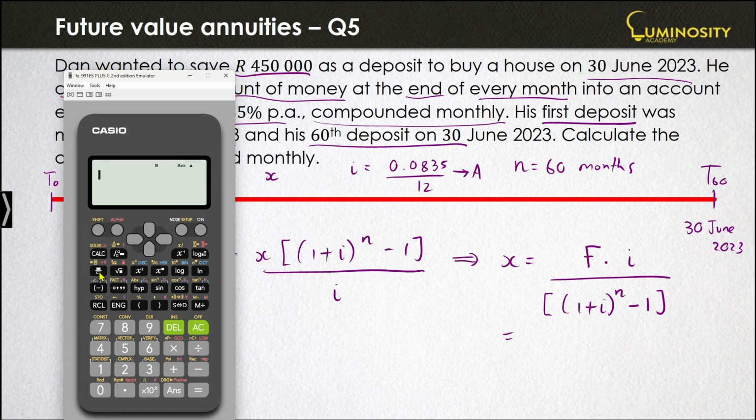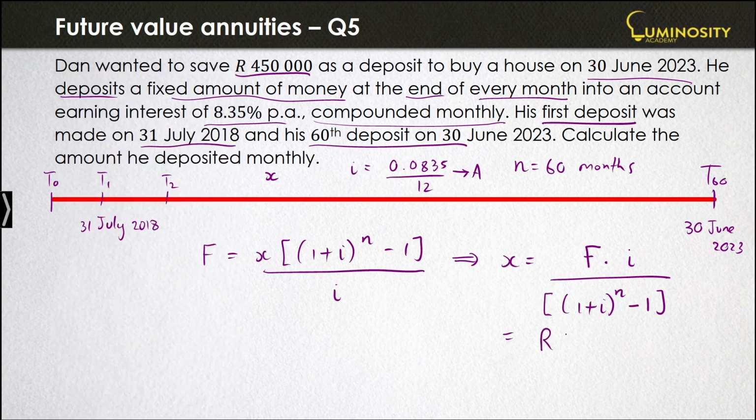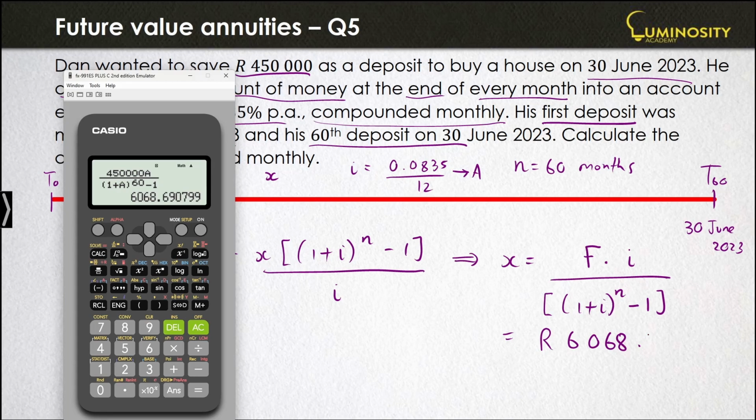All right, so the future value was 450,000 Rand. That's how much Dan wants to save after that amount of time. It's going to be times the interest rate, which we've called A in our calculator. In the denominator, 1 plus the interest rate, which is alpha A, raised to the power 60 months, minus 1. And I get 6,068.69.